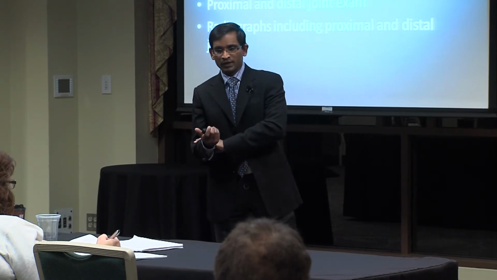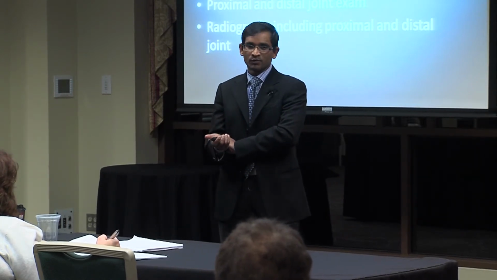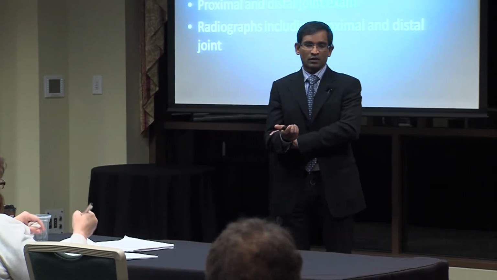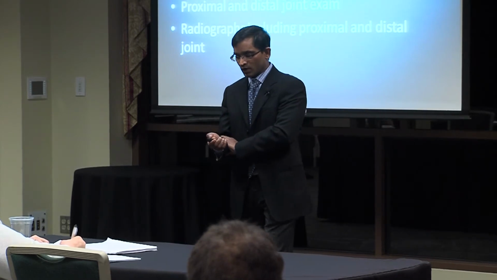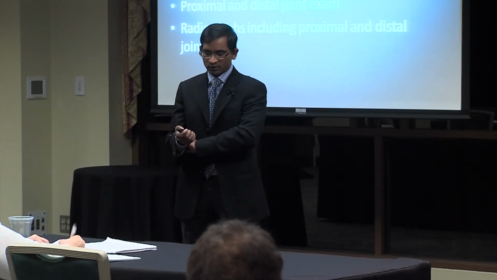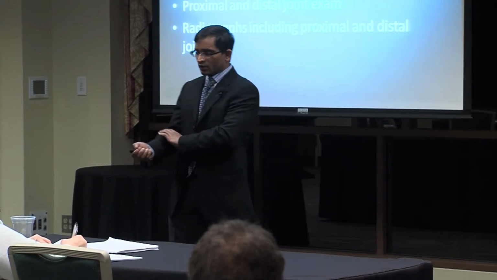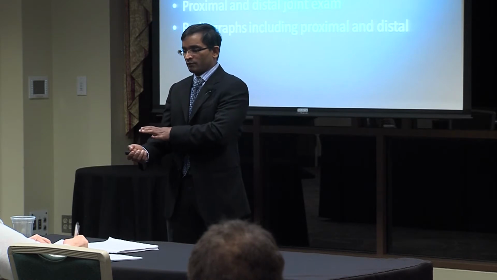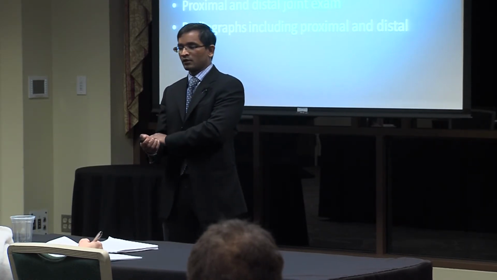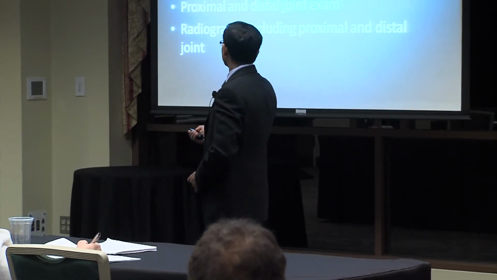This is more of a clinical diagnosis. Very rarely you may have to check the compartment pressures, especially when you have an unconscious patient or if they are not able to communicate well because of a head injury or maybe intoxication or any such situations. Radiographs are obtained of the bone involved and the joints proximal and distal to it to rule out any associated dislocations.